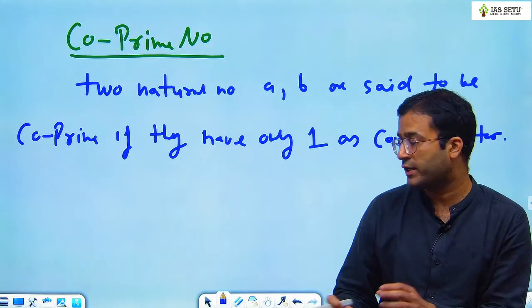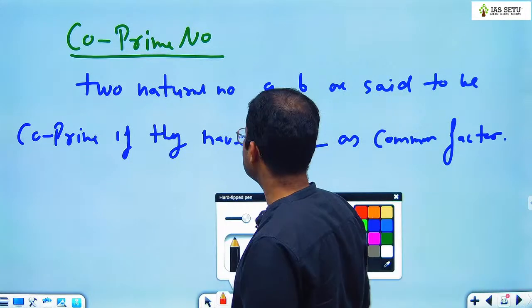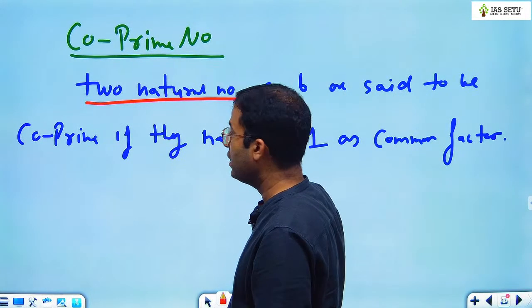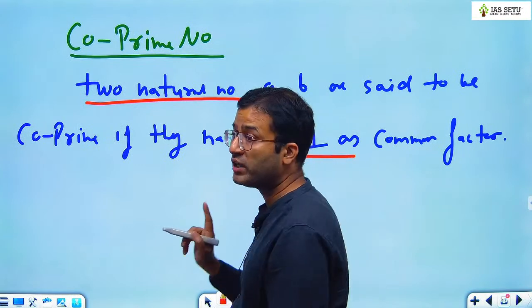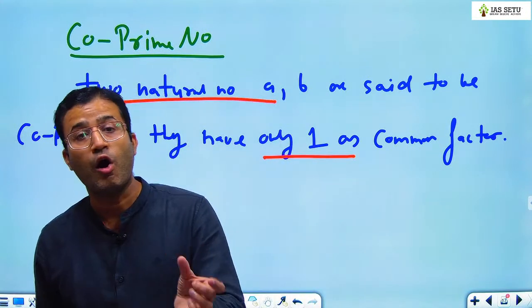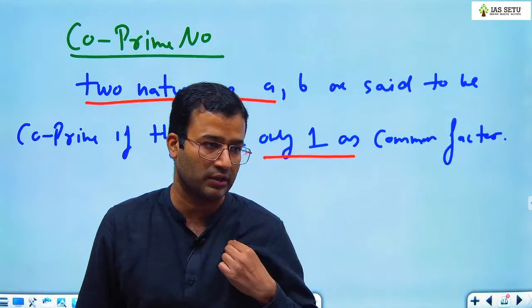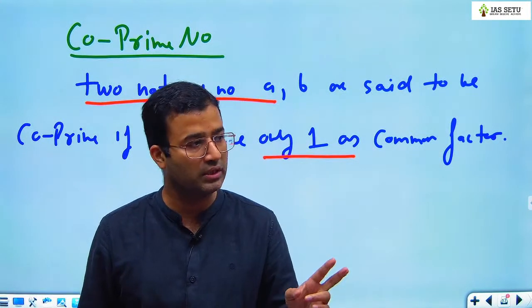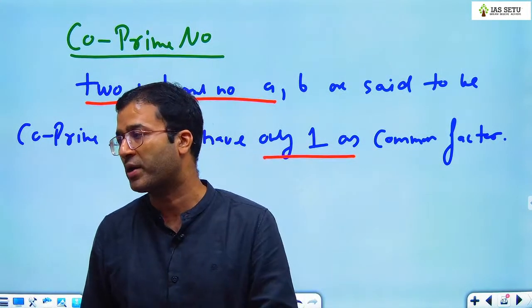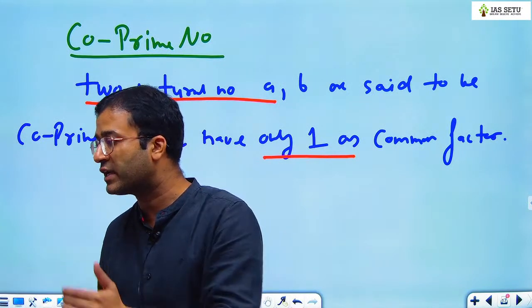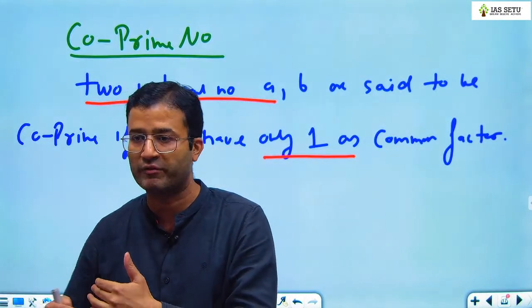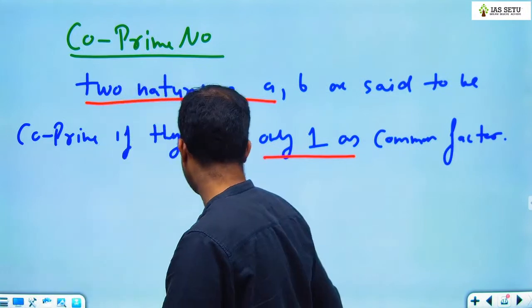You have to underline two points. What is needed? They should be natural numbers, and only one. I'm not saying one as a common factor, because one is common to all, only one as a common factor. I repeat, two natural numbers A and B are said to be co-prime if they have only one as their common factor.